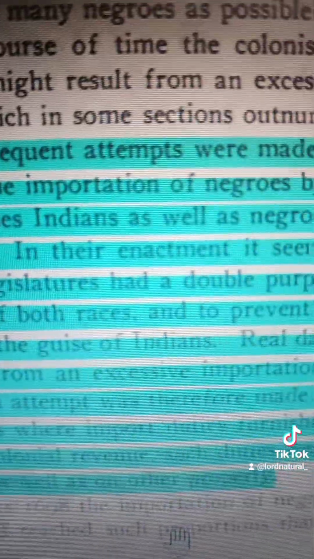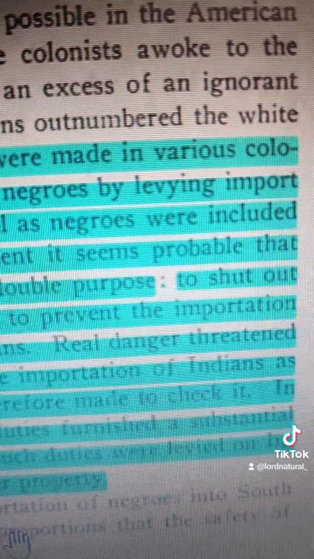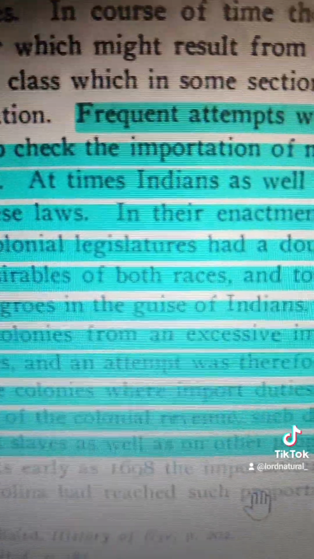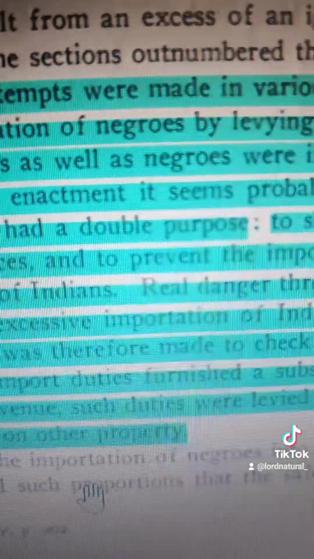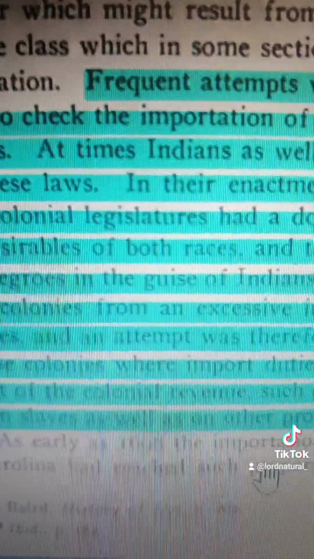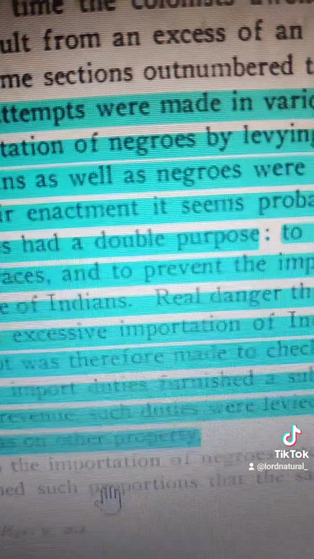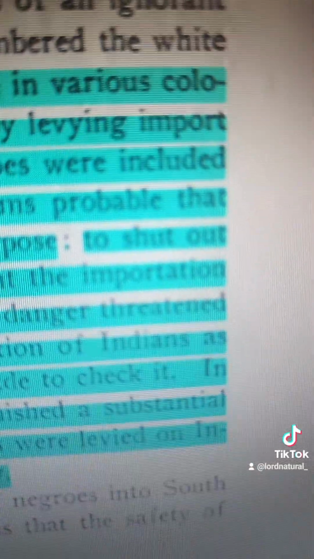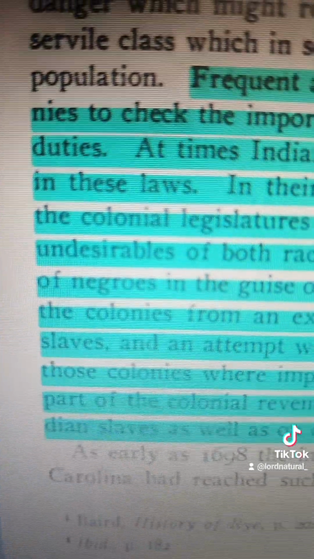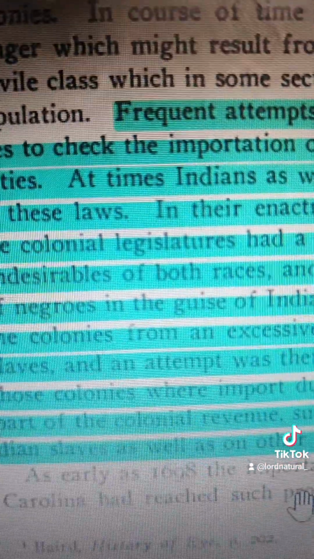In their enactment, it seems probable that the colonial legislators had a double purpose: to shut out undesirables of both races and to prevent the importation of Negroes in the guise of Indians.